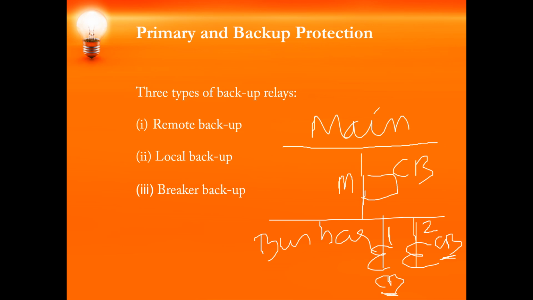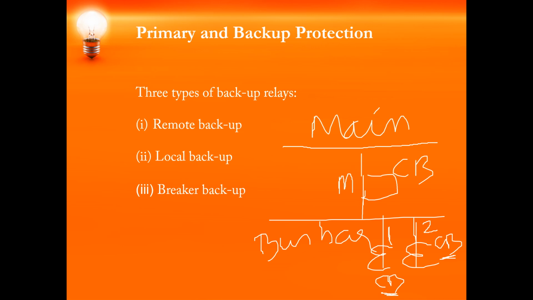Backup protection is the protection system designed to work in case your primary protection fails. So again, if there is a fault in line 2 and the circuit breaker of line 2 fails to operate, then the circuit breaker M, that is the main circuit breaker, will operate, which acts as a backup protection.